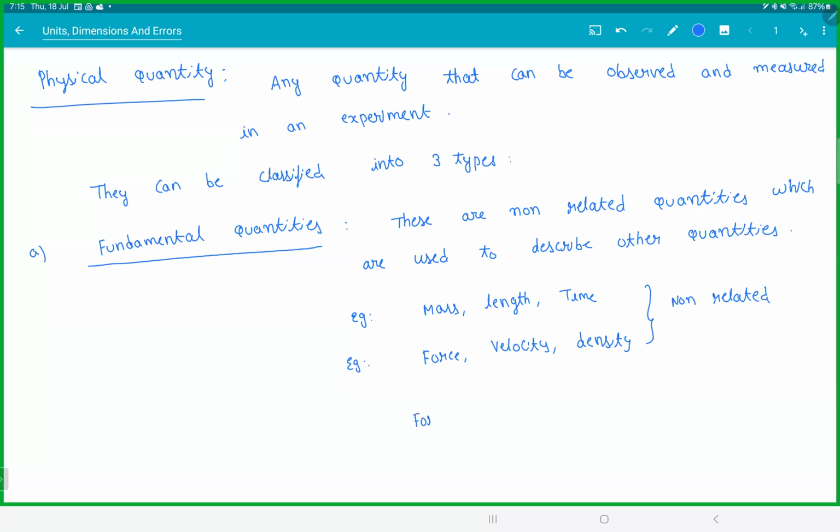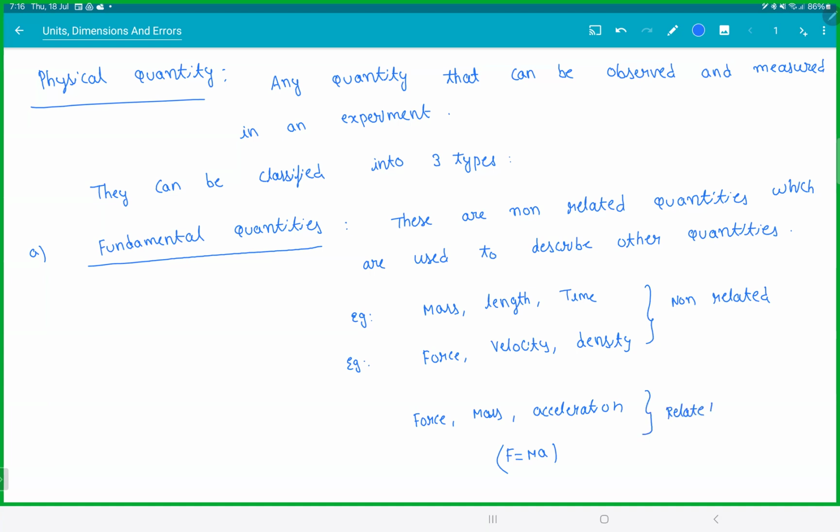For example, if you take force, and mass, and acceleration. Now, we know F is equal to ma. There is a relation between them. So you should not be able to frame a relation like this. Can you frame a relation between mass, length, and time? Like mass is length by time, or mass is length square by time. You can't do anything like that. Energy, mass, velocity: energy is half mv squared. There's a relation between them. So these are related quantities.